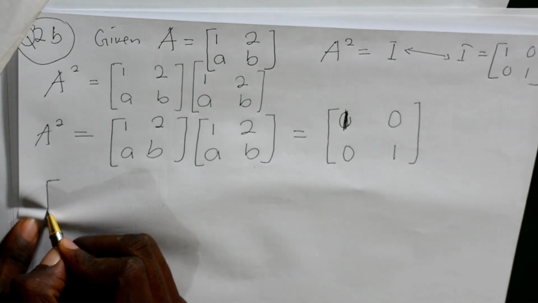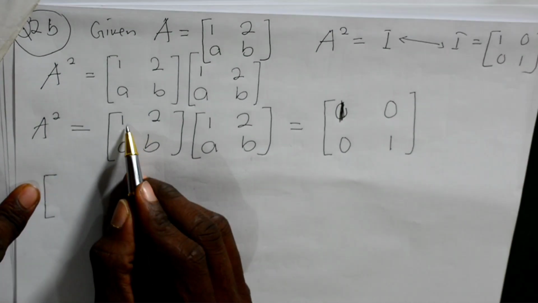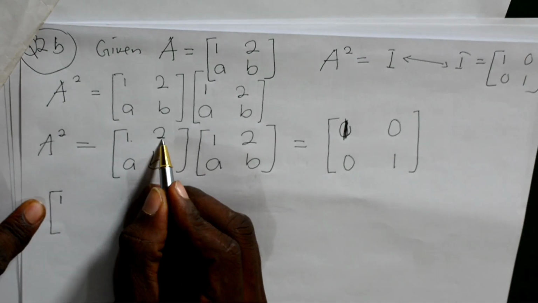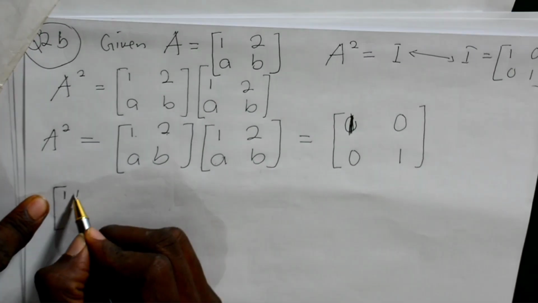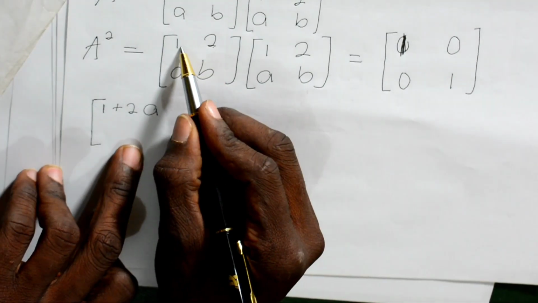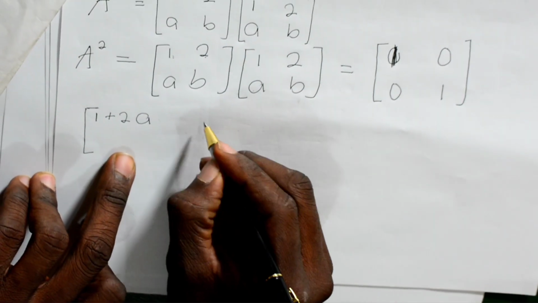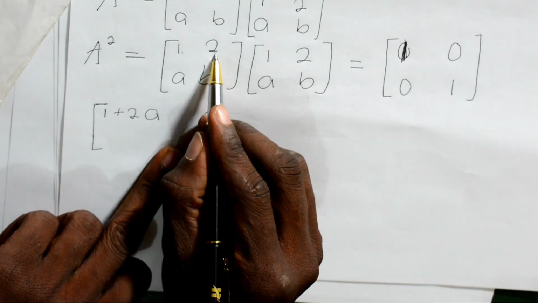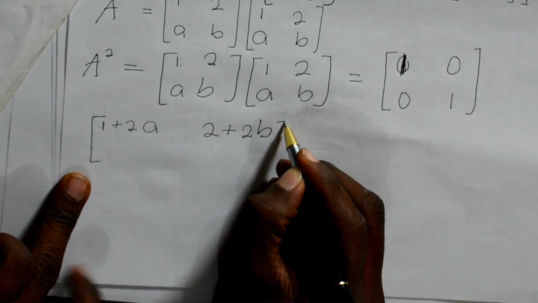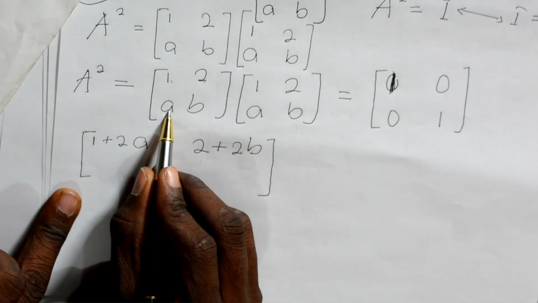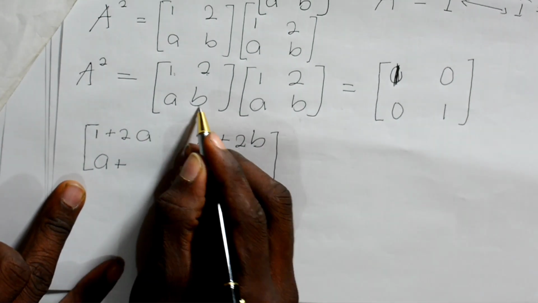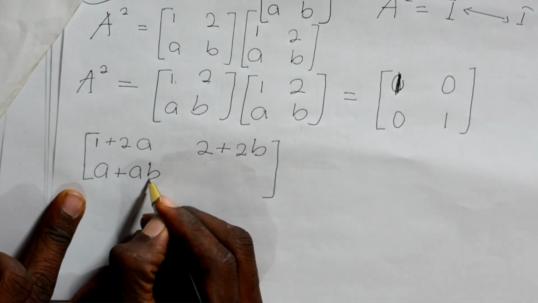A squared will be equal to 1 times 1, which is 1, plus 2 times a, 2a. Then 1 times 2 is 2, plus 2 times b, 2b. Then a times 1, a, plus b times a, ab.